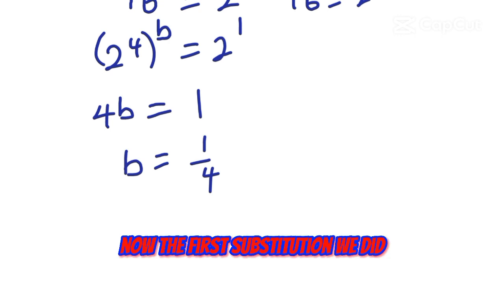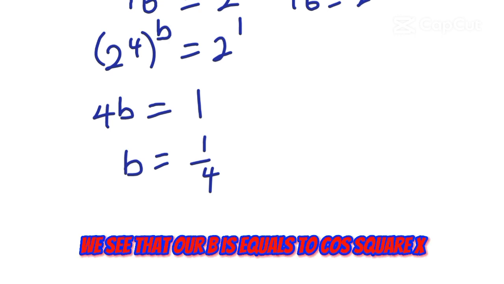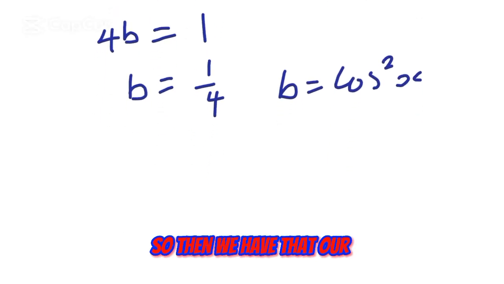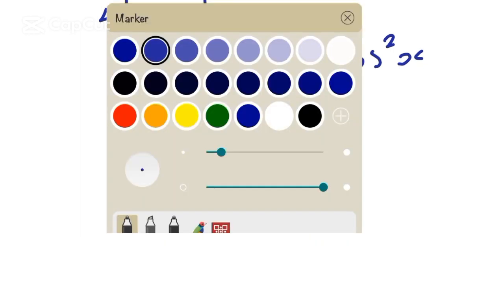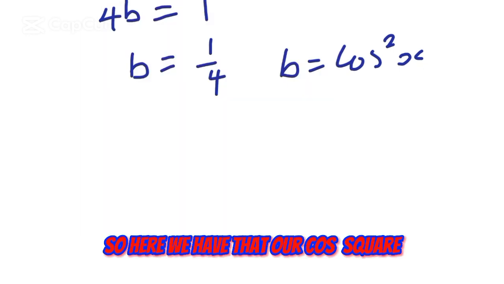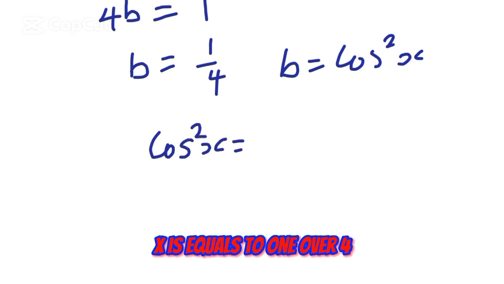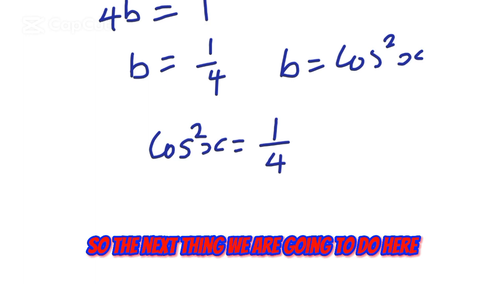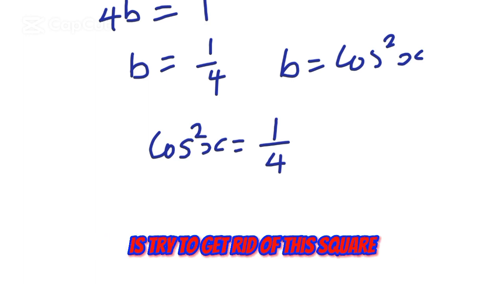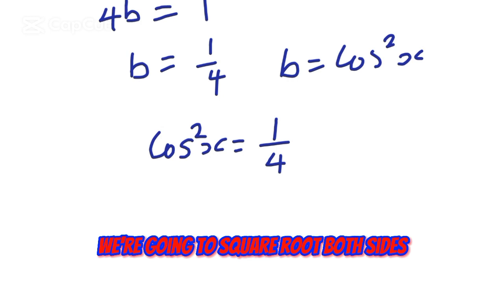Now, in the first substitution we did, we said that our b is equal to cos square x. So here we have that our cos square x is equal to 1 all over 4. The next thing we are going to do here is try to get rid of this square. What do we do? We are going to square root both sides.